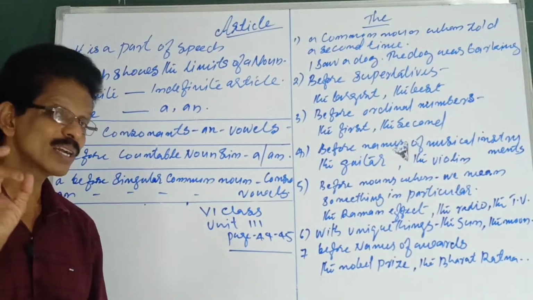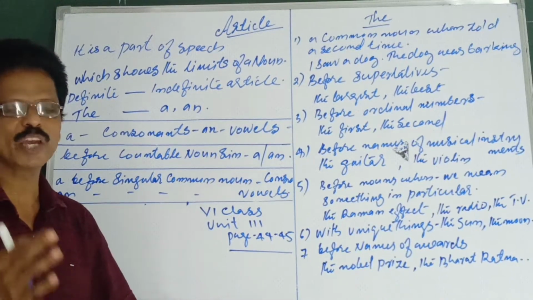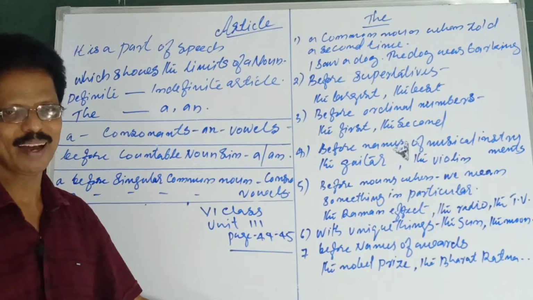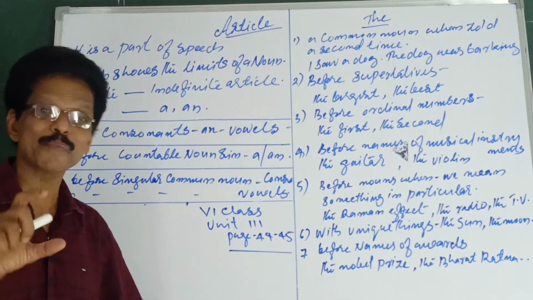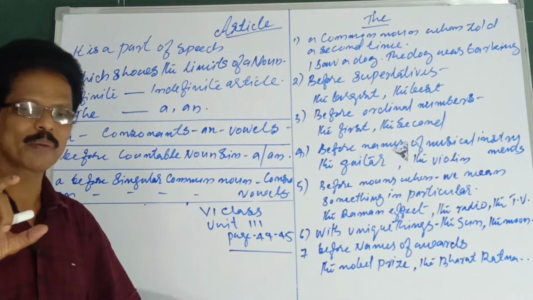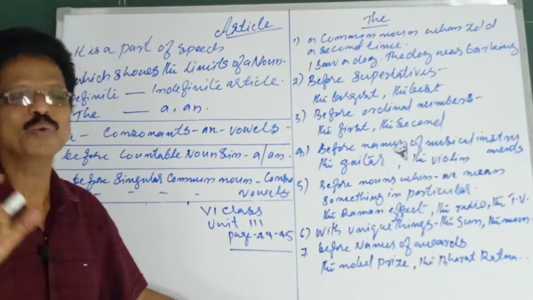Countable noun, singular. But we can use it with an uncountable noun if it speaks about quantity. I cannot say a water, but I can say a bucket of water, a glass of water, a drop of water. When quantity is mentioned, a or an can be used.